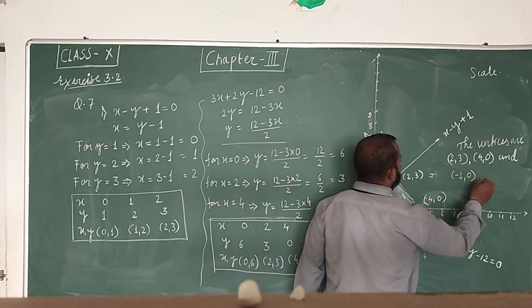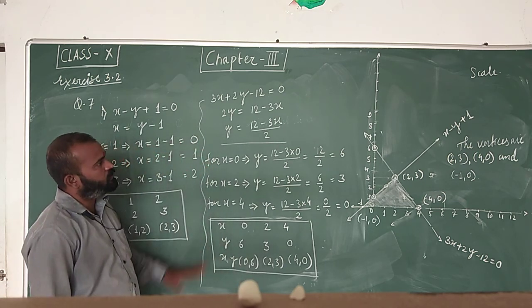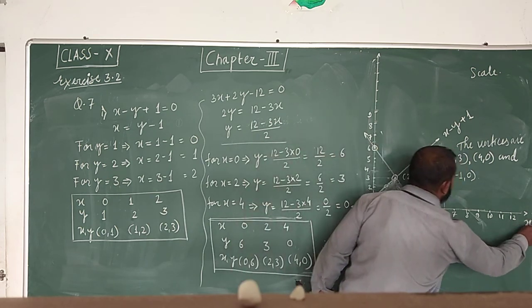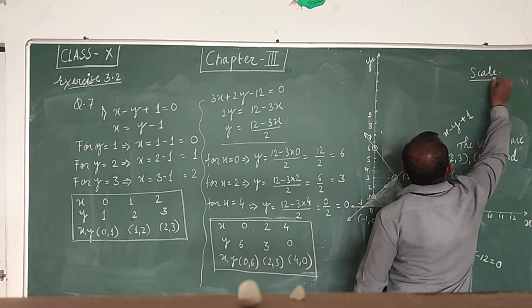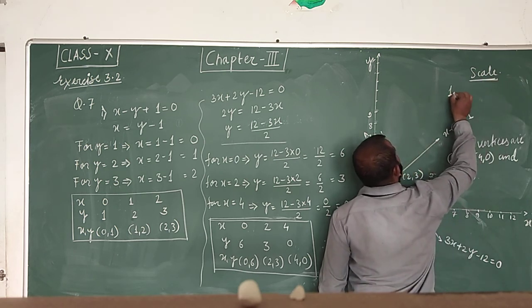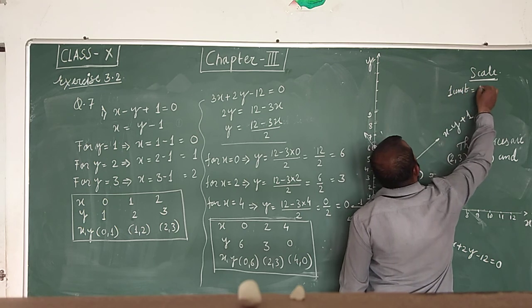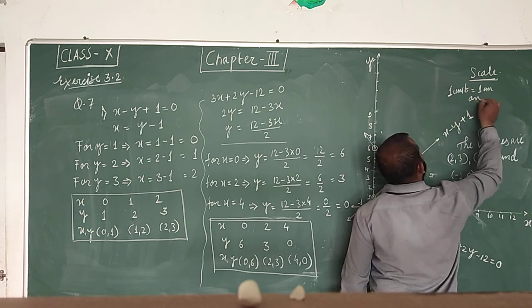So these are the vertices of the required triangle. Okay, what is left to write here? x-axis, y-axis and scale. You have to write 1 unit is equals to 1 centimeter on both axes.